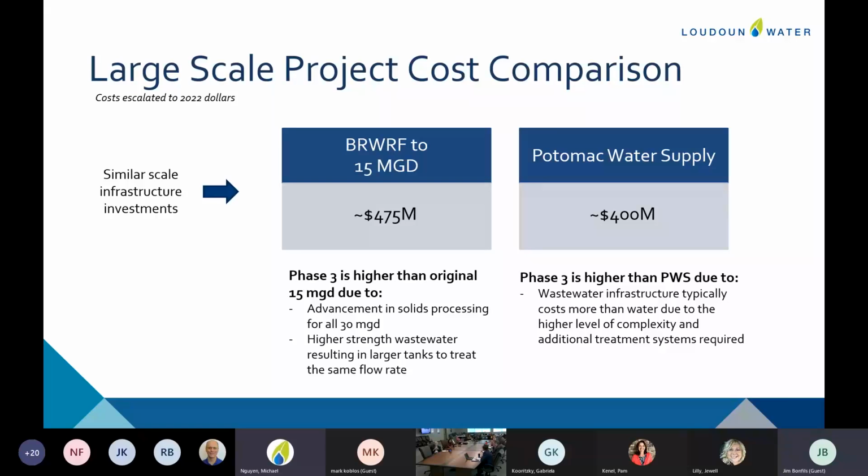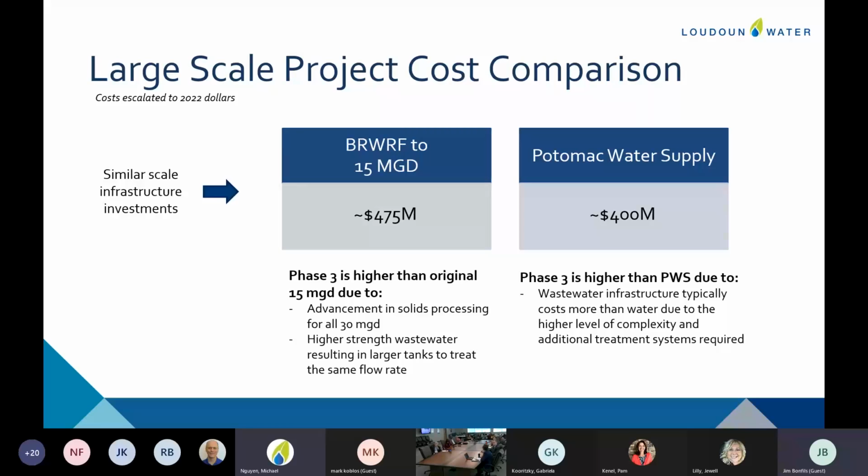We managed that, both from construction to operations and financially. And then we have the Potomac Water Supply Program, which also includes the quarry, and we managed that. There are reasons why the second 15 MGD increment is more in today's dollars, and I think Kendra has done a great job of outlining those.